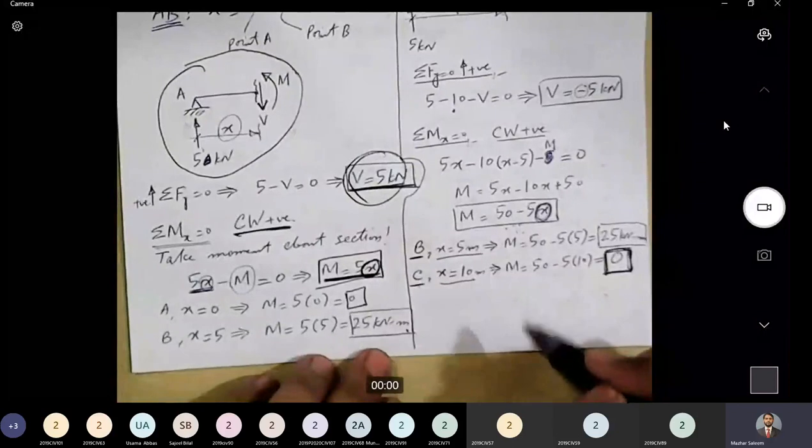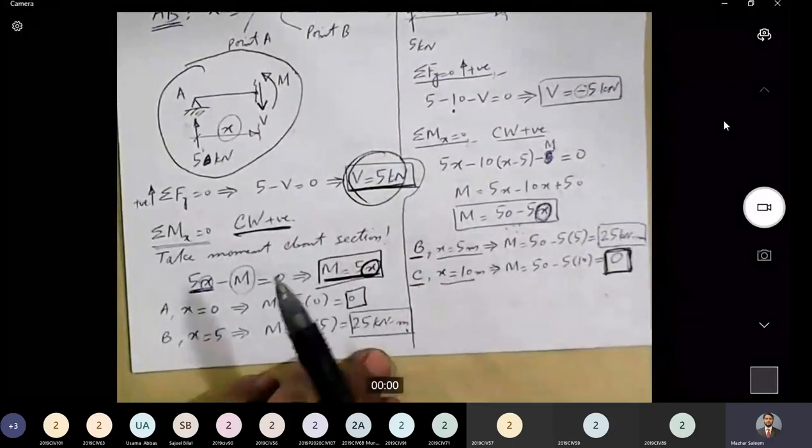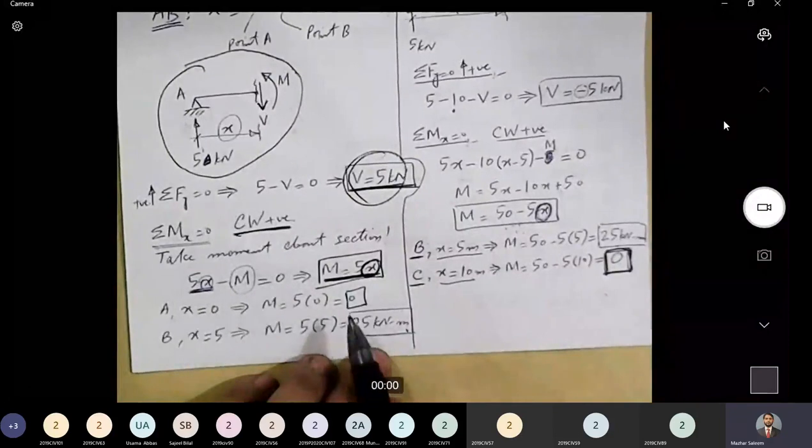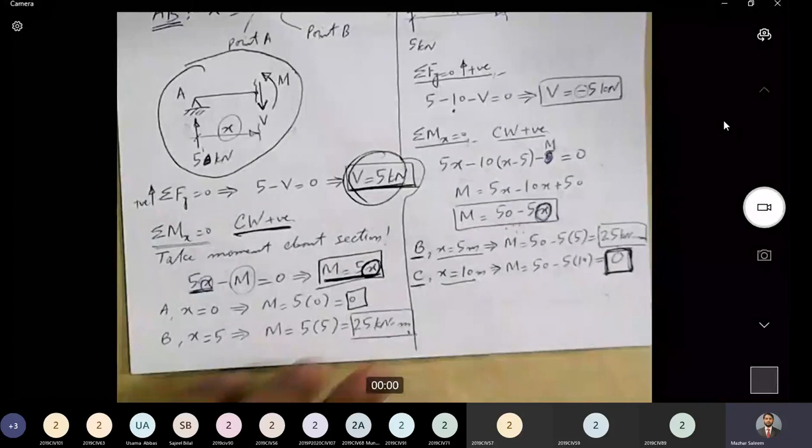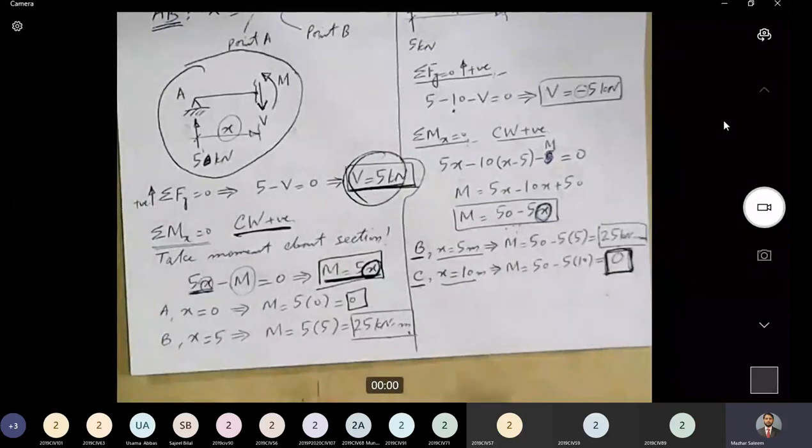Is this logical? Yes, because at point A and at point C we have roller and hinge supports, and we know that at a hinge support and at a roller support there can be no bending moment. That's why we got 0 values.